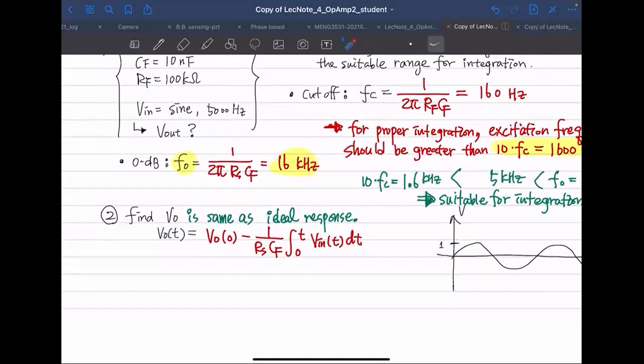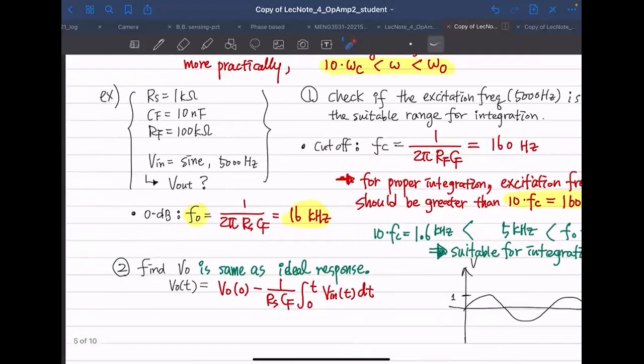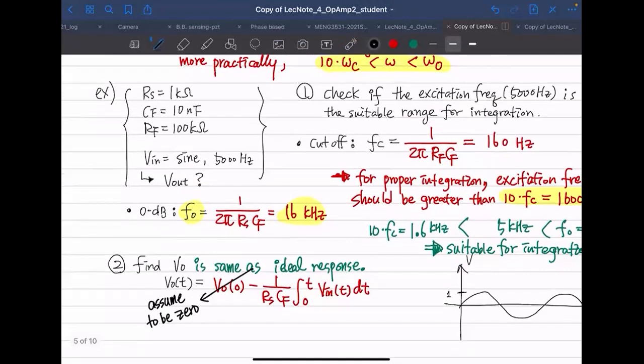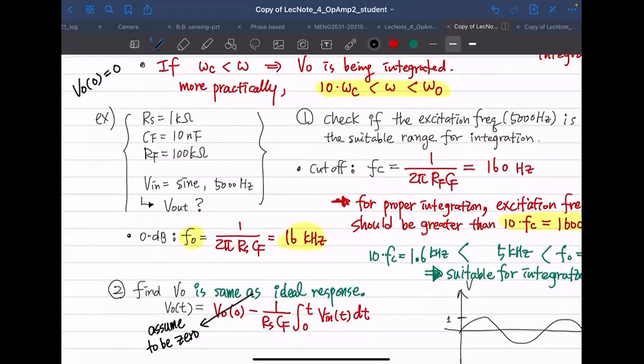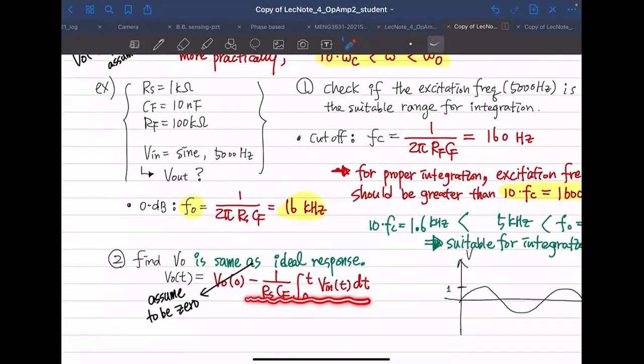Okay, and let me see. Oh, I didn't make that assumption. So if we assume this initial output voltage to be 0, just to make life easier, then all we need to do is just solve this guy, right?